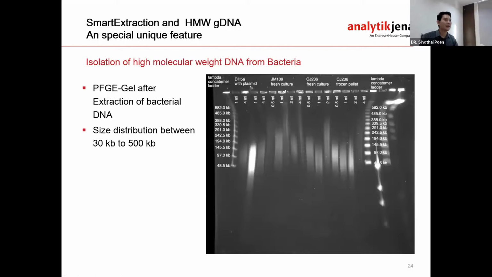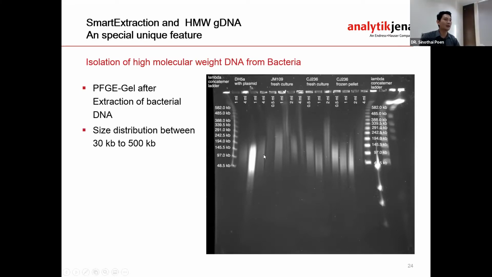Also, we analyzed the DNA fragments obtained from smart extraction. We use PFG, pulse field gel electrophoresis, which is a technique used for separation of large molecular weight DNA, to analyze the result from extraction of DNA from E. coli strains using smart extraction.